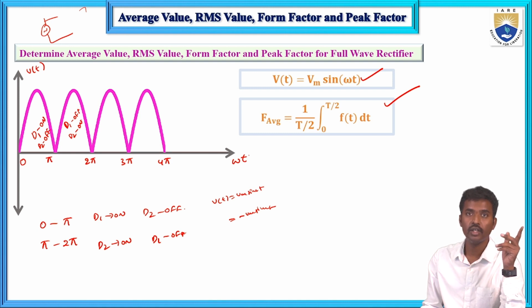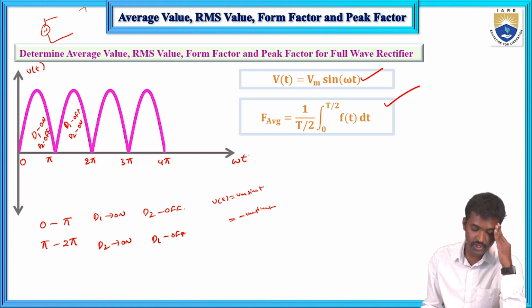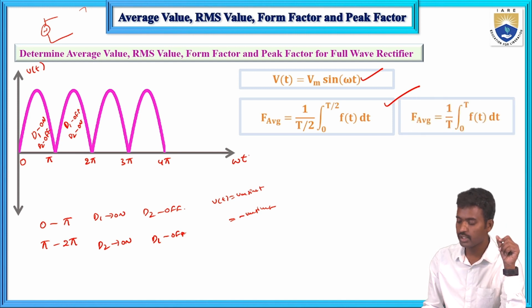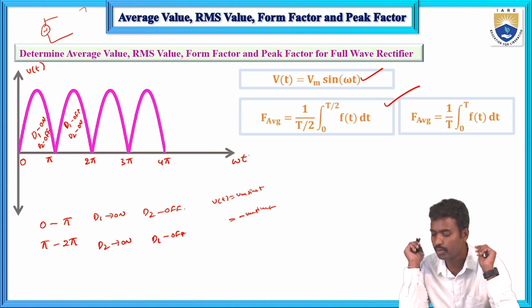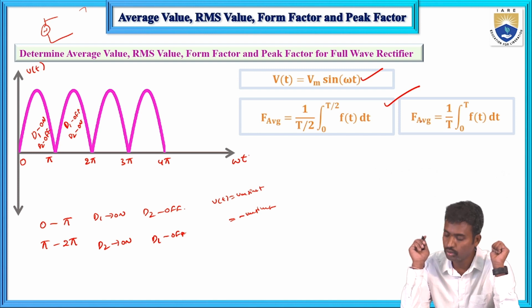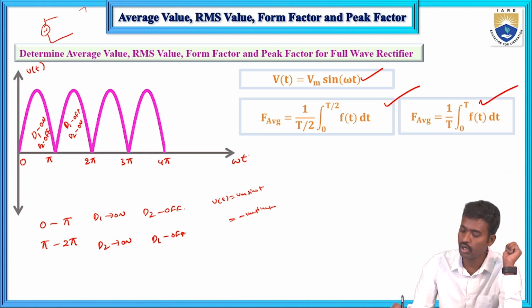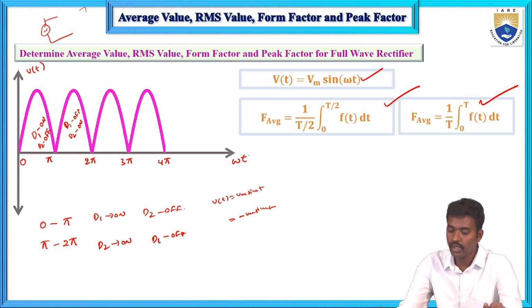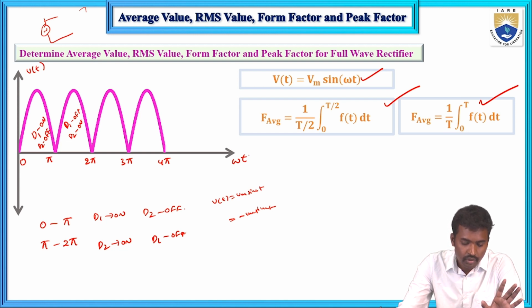Symmetrical means positive half cycle and negative half cycle must be same. In case of asymmetrical waveform, use this formula: F average equals 1 by T, integral 0 to T of f of t dt. Only consider this formula.